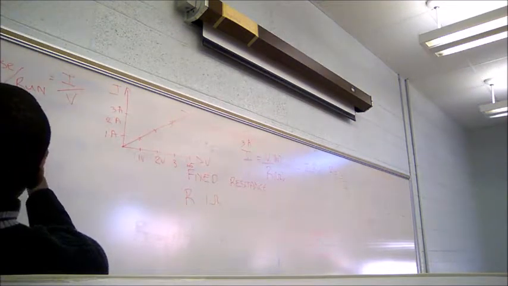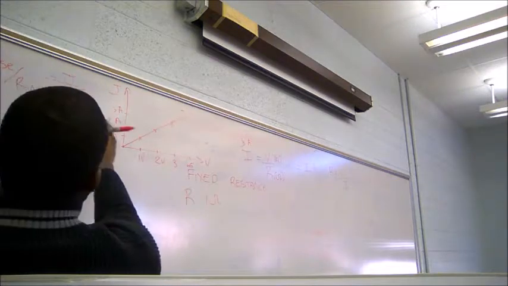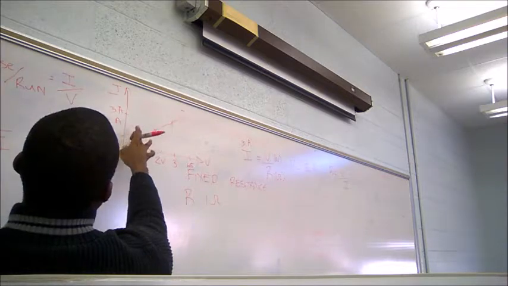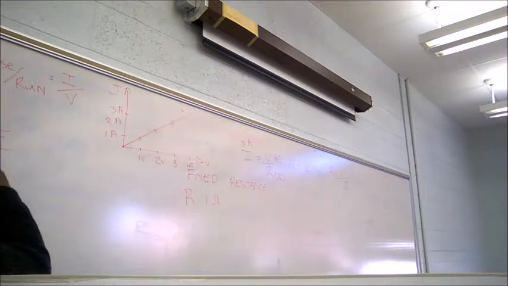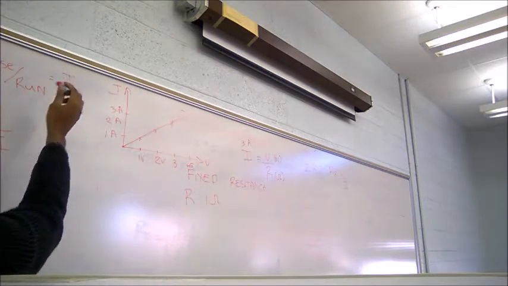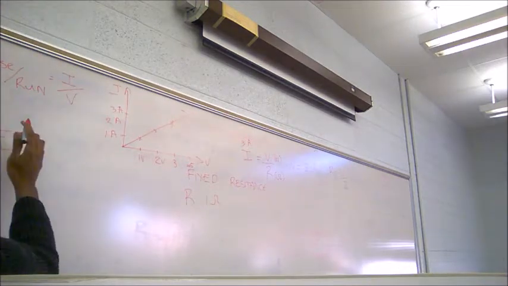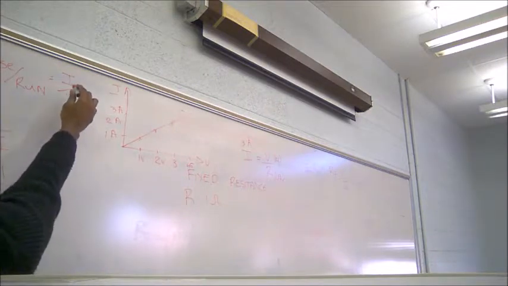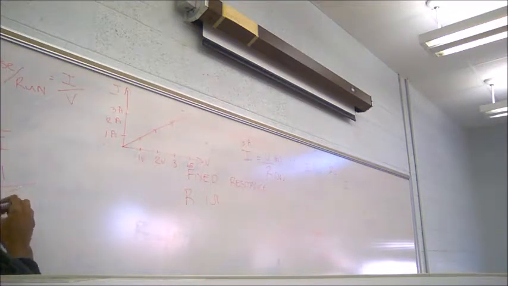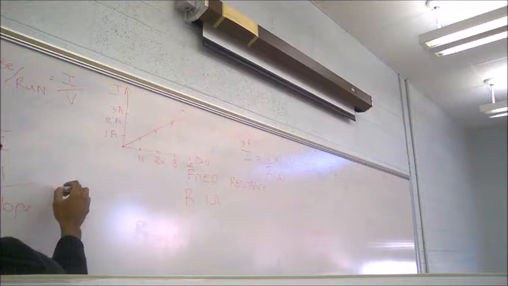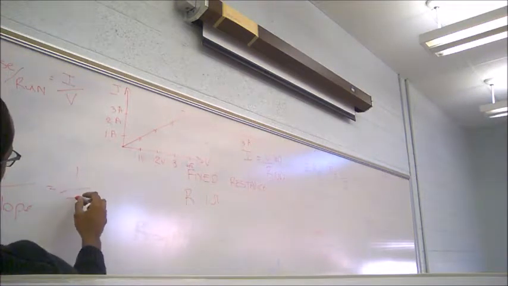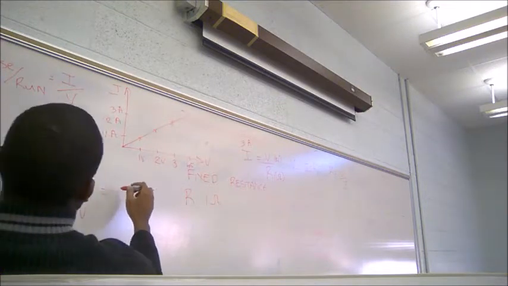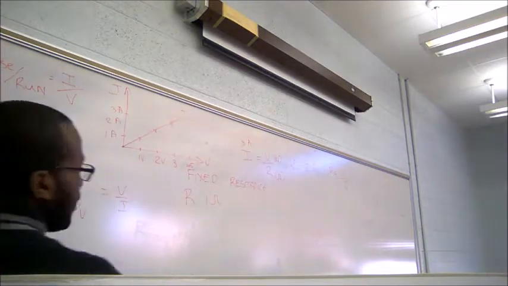Voltage over current. So if we have our plot like this, how do we get our slope to be equal to resistance? We need to take 1 over this one. If we take 1 over the slope, which is the same thing as 1 over current over voltage, then we end up having voltage over current, which will give us our resistance.